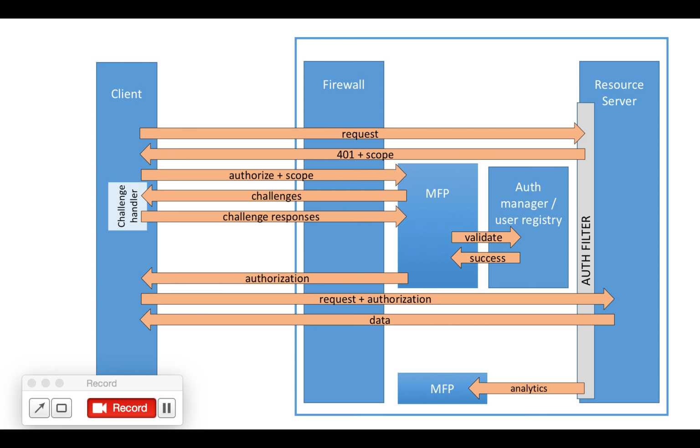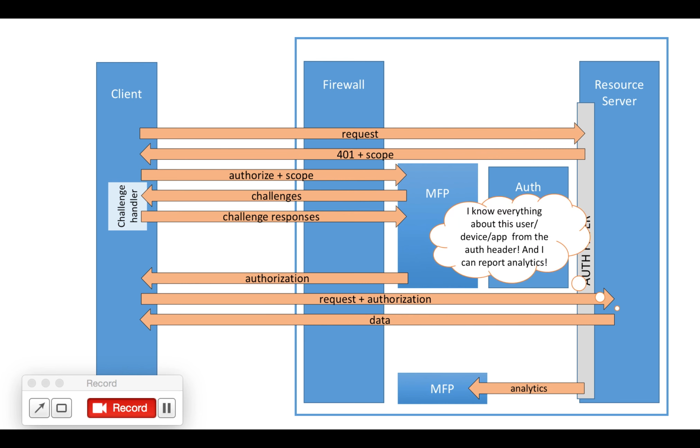So what's different in this case? First of all, the resource server knows everything about this user, this device, and this application. The authorization header contains all of that information, and regardless of whether the resource server is a Java adapter or a third-party external server that runs Node.js, once it has the authorization header, it knows everything about the user, device, and application.